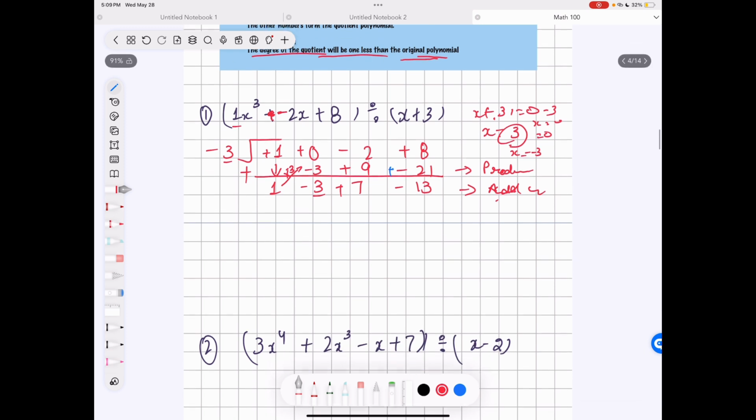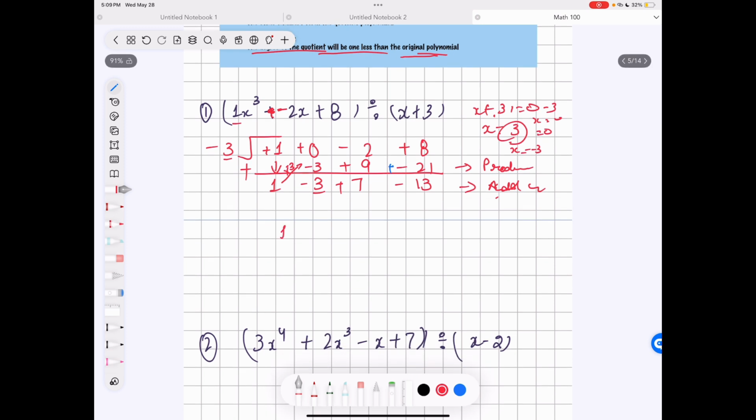So if it's a cubic, the quotient is going to be quadratic: 1x squared minus 3x plus 7.